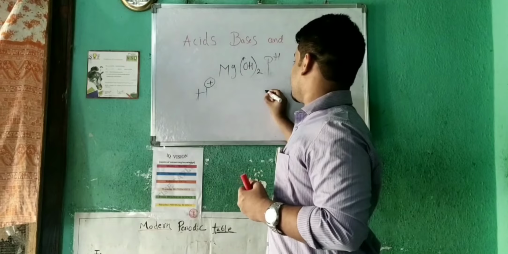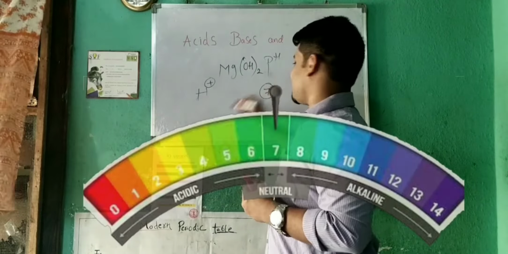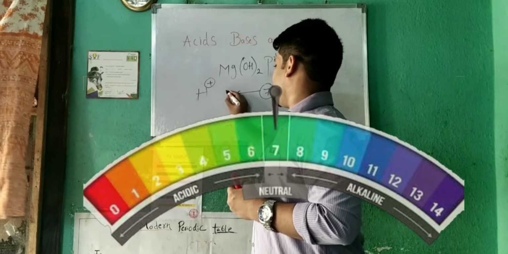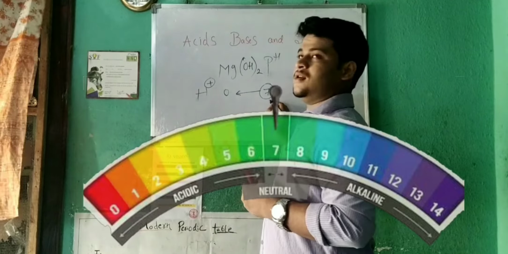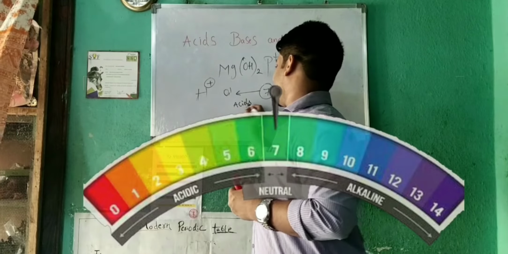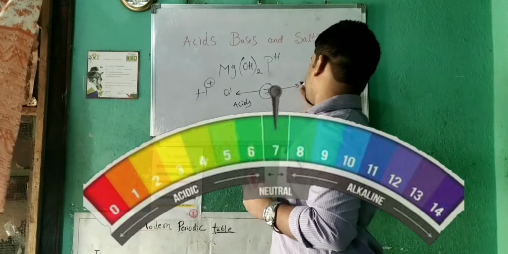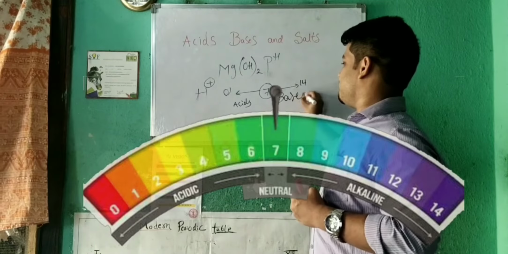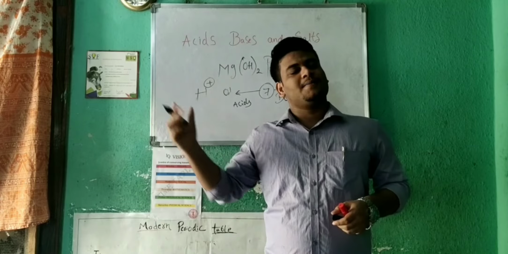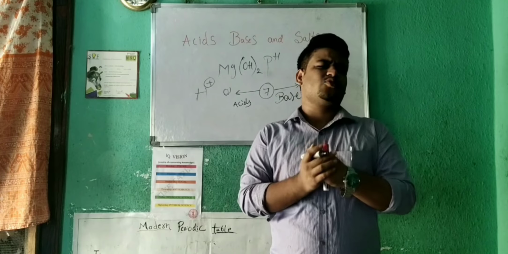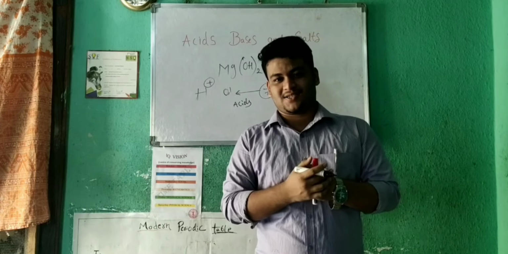In the pH scale, the neutral value is 7. Below 7, that is from 0 to 7, compounds are considered acids. And from above 7 to 14, the compounds are considered bases.